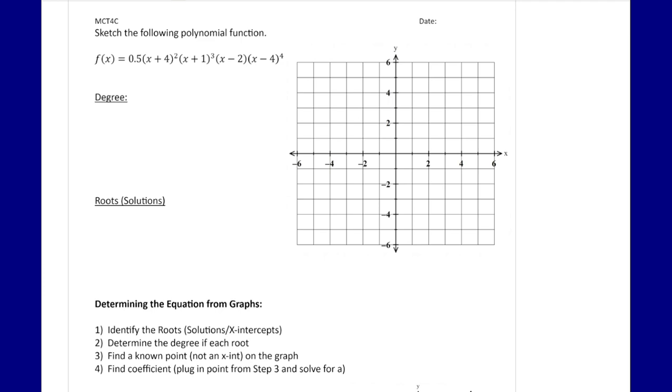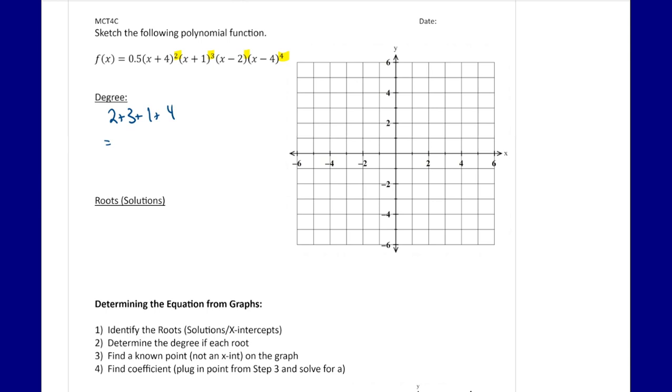First we want to figure out our degree. When we're dealing with a factored form, we talked about this in the investigation, we add up the exponents on our factors. So in this case, degree 2 plus 3 plus 1 plus 4.